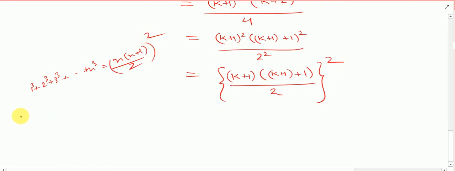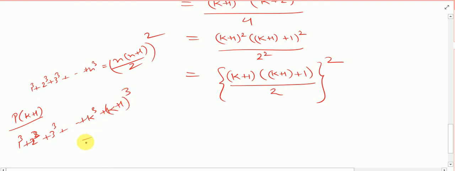So I told you that in order to show that P(k plus 1) is true, you should be able to show this. Like here it had ended at n, so we got n into (n plus 1) by 2.